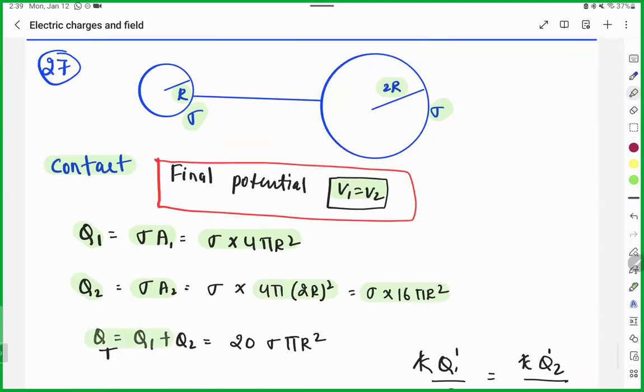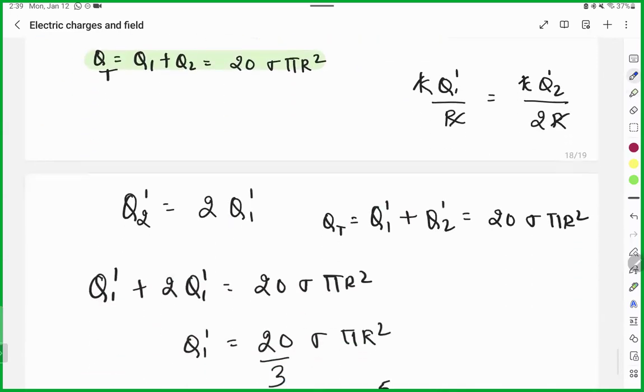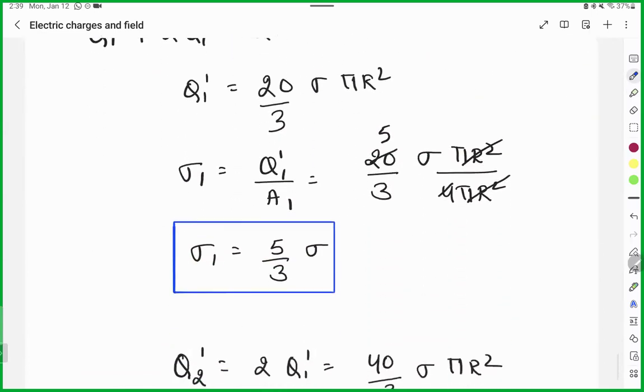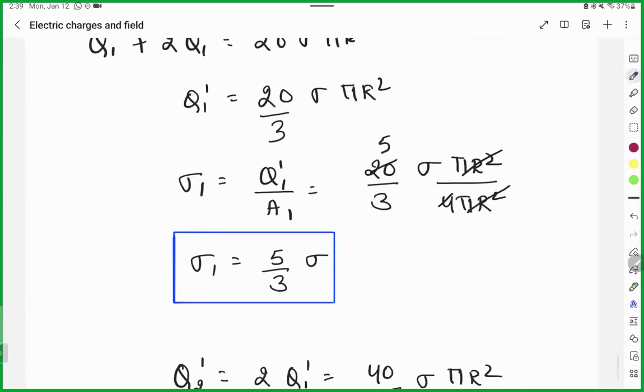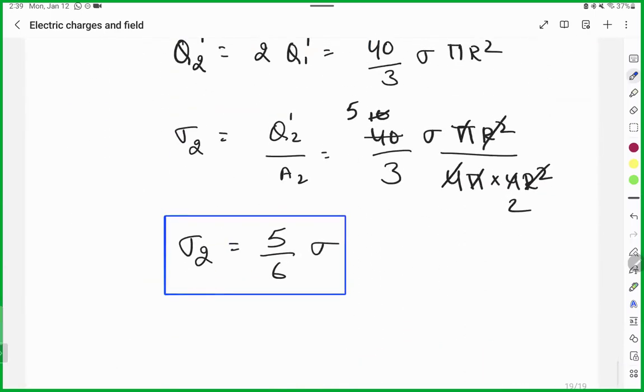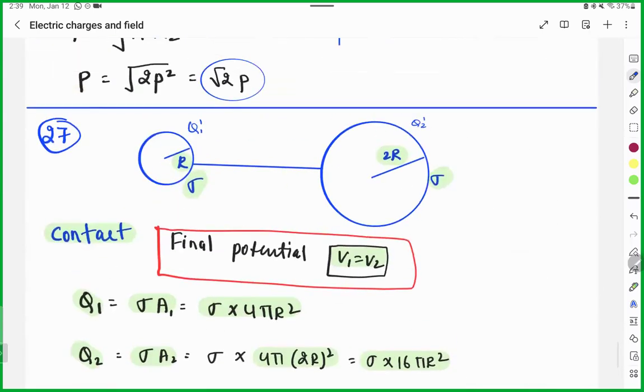Add them for the total charge. Even if you get new charges Q1 dash and Q2 dash after contact, the total will be the same, 20 sigma pi r square. How to calculate the new sigma value? For the new sigma value, you need to calculate the new charge.